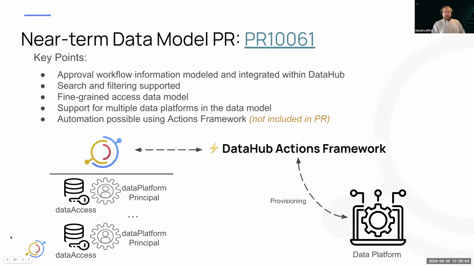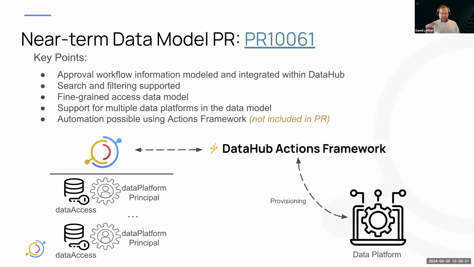So we have another PR that was proposed, which takes a more defined approach. Defined in the sense that it goes into a lot of detail about exactly what the schema looks like for supporting access requests. There are different states, but one of the major changes here is that the access request is an entity. So that means it is like its own individual concept.